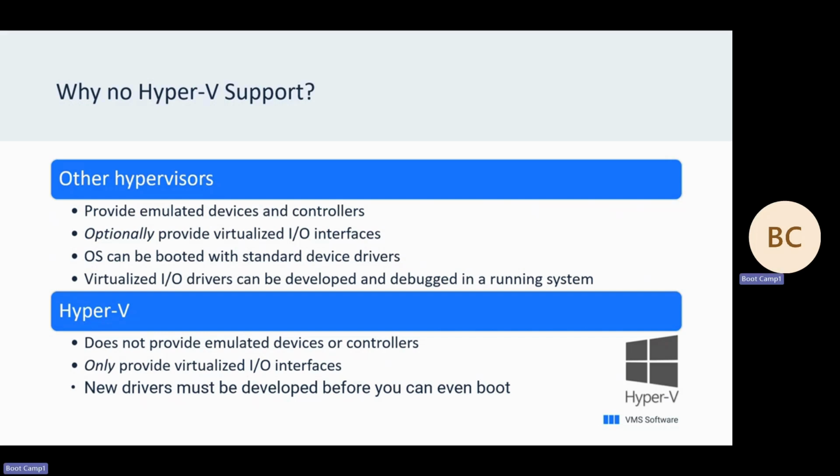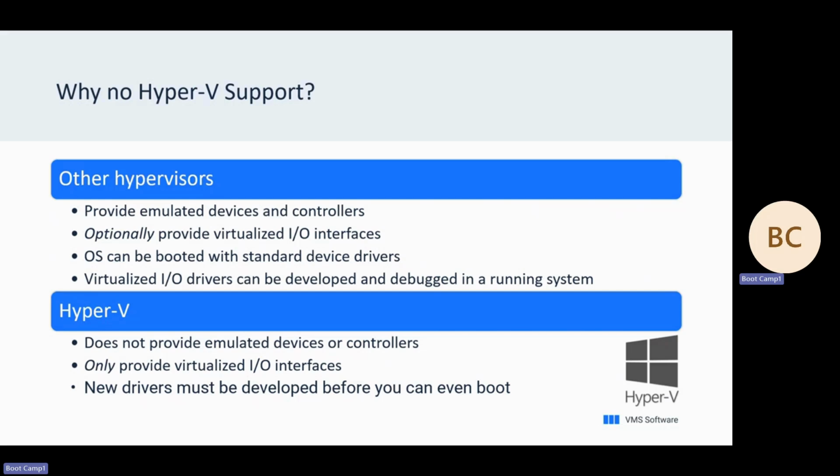And Hyper-V Generation 2 virtual machines are purely synthetic virtual hardware. They only provide virtualized I/O interfaces, and their virtualized I/O interfaces are different and require different drivers from the virtualized I/O interfaces available on other hypervisors.